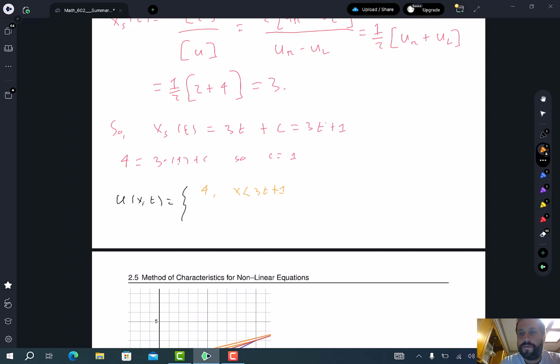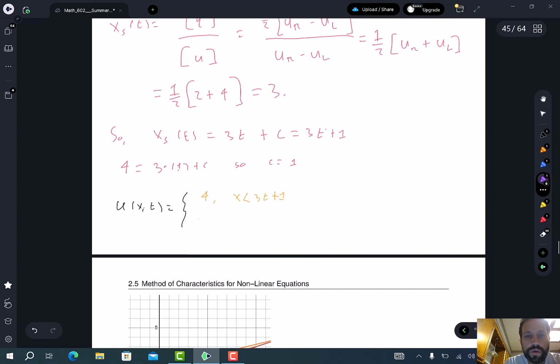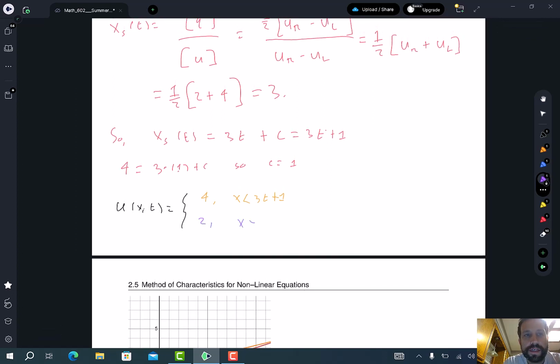About to see a furry friend come into the shot here. And it's going to be equal to 2 when x is greater than 3t plus 1. Sorry.